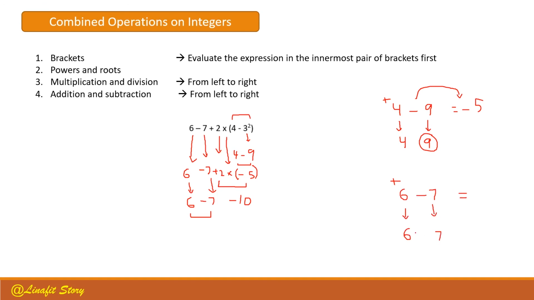Which one is bigger? 7. So you just copy its sign. Negative. The difference between 6 and 7 is 1. So the answer is negative 1 minus 10. You have negative 1 and then you have another negative 10. So the answer is negative 11.